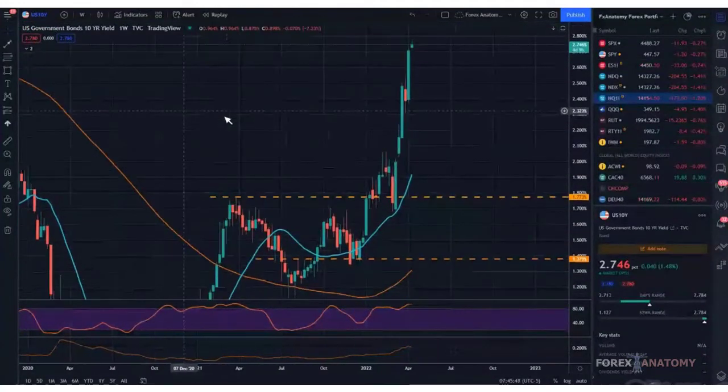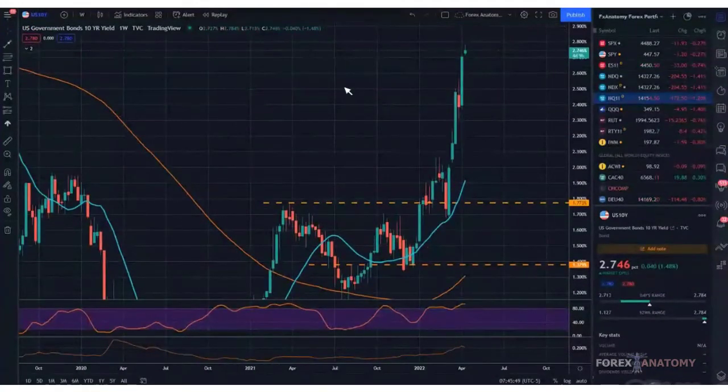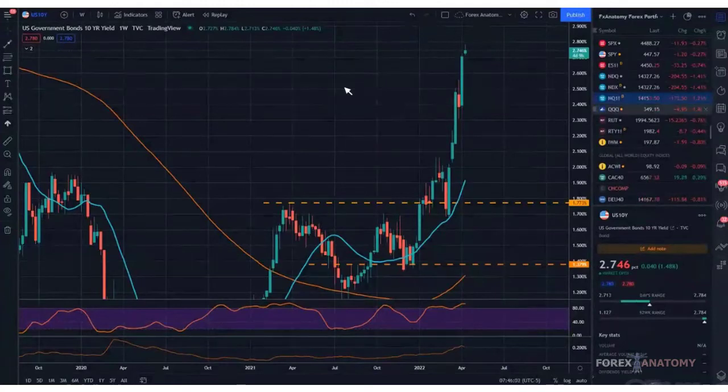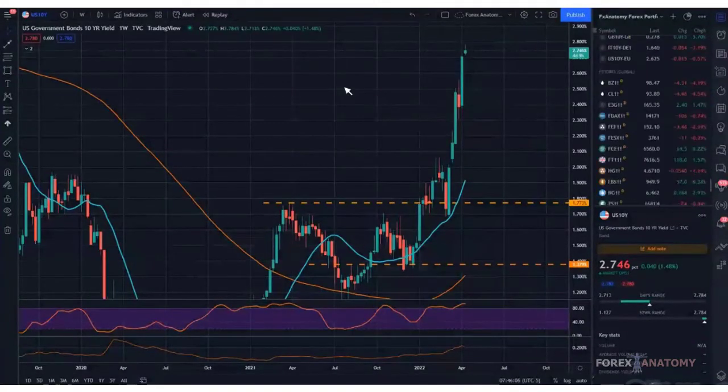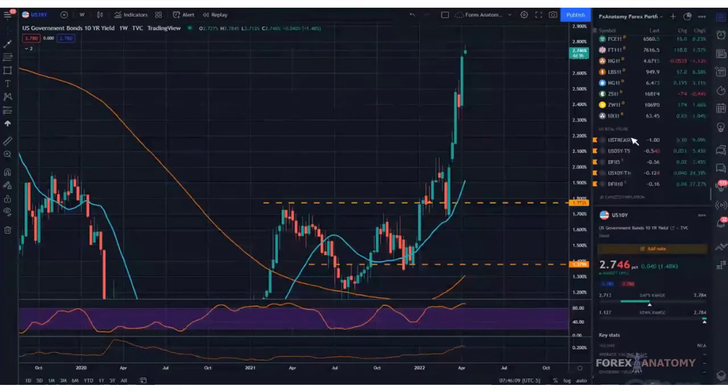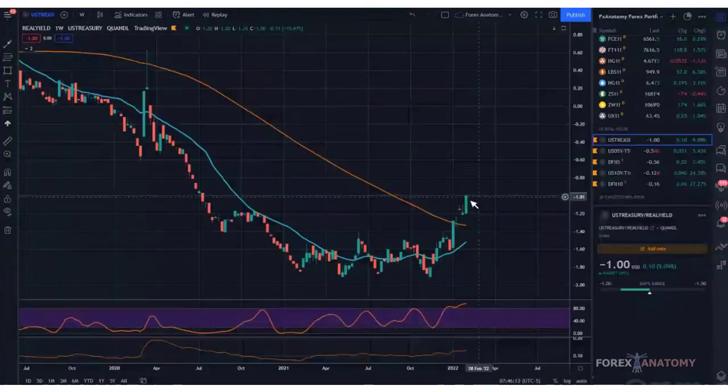So this is letting you know just how far rising interest rate expectations have come, and that right now this is nominal yields. But even when you look at real yields, they are moving closer and closer to positive territory. So let me just move down right here. I'm going to go to U.S. 10-year Treasury yields.